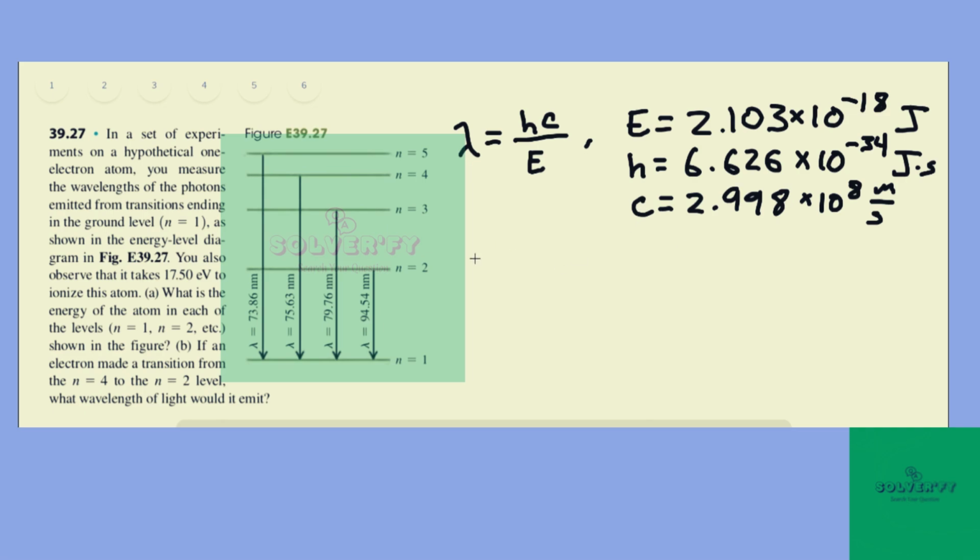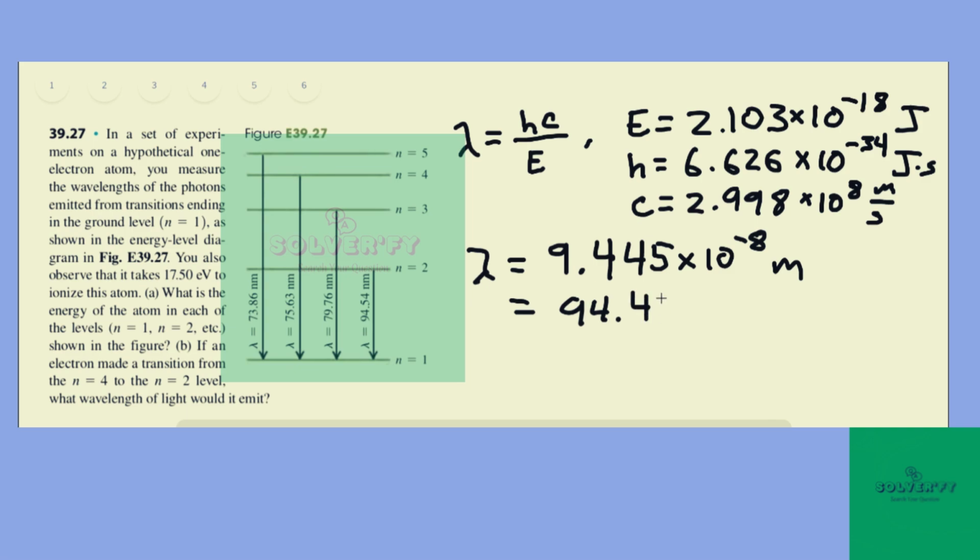And we get lambda equals 9.445 times 10 to the negative 8 meters, which is 94.45 nanometers.